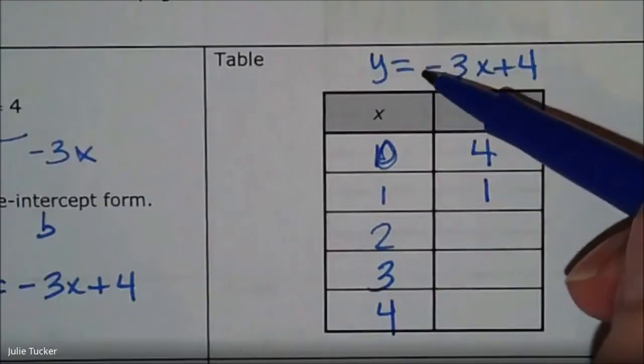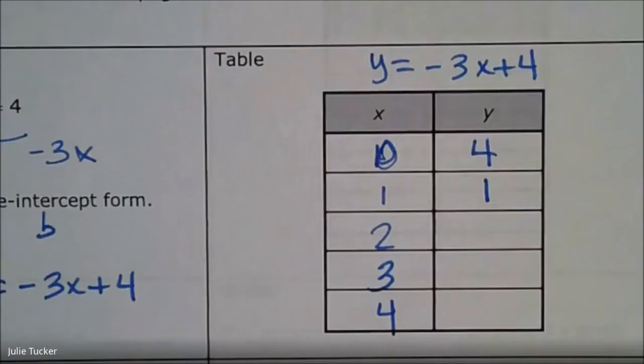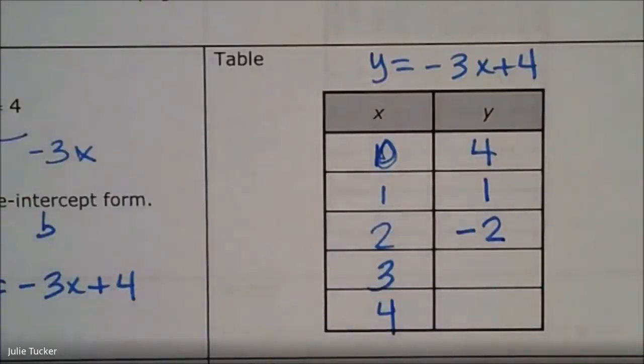Good. Now I have negative 3 times 2. Negative 6, plus 4, negative 2. Good.